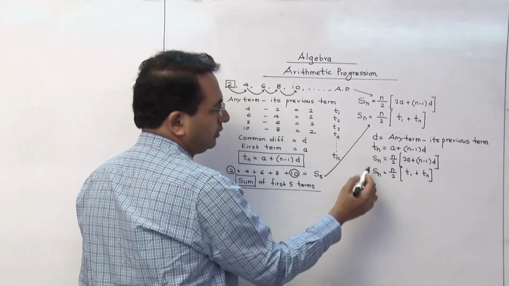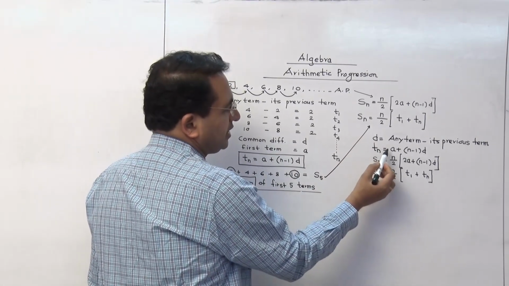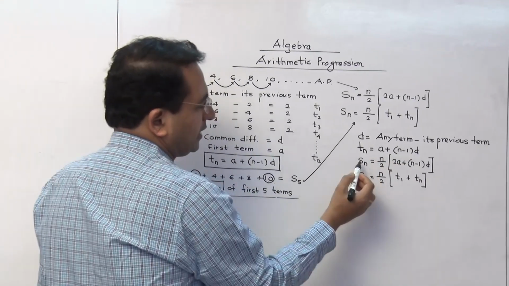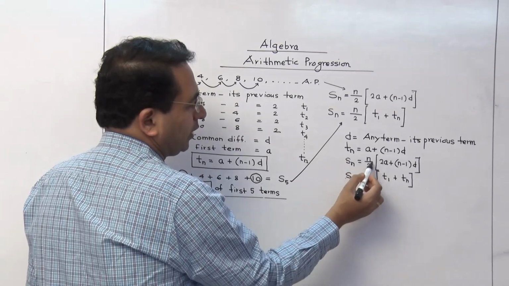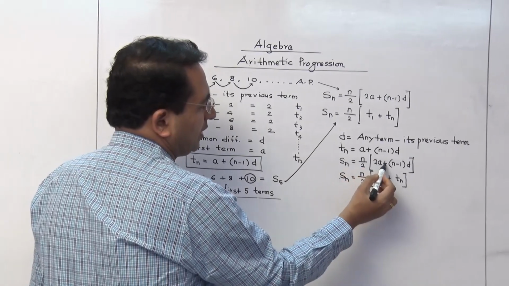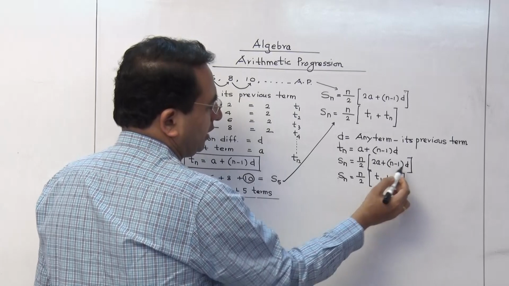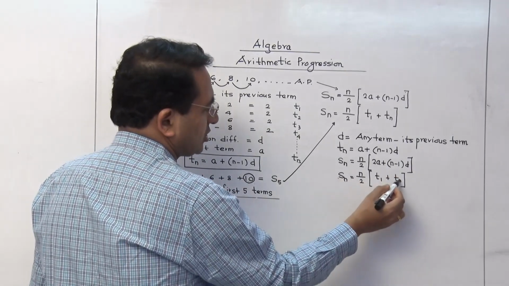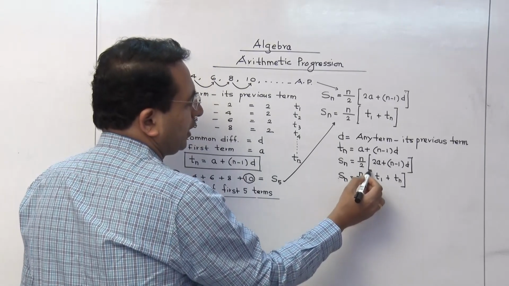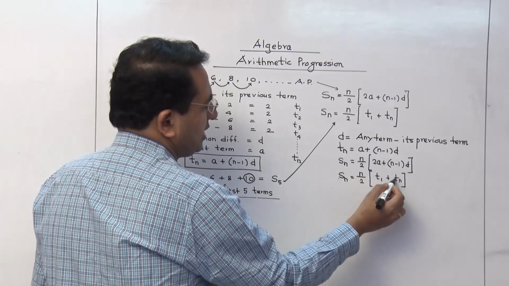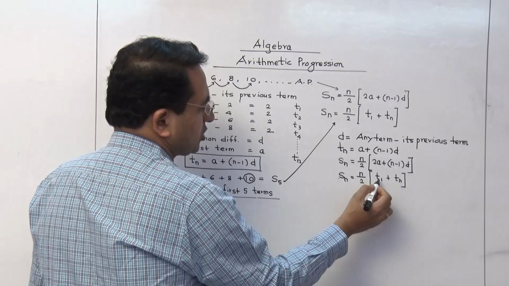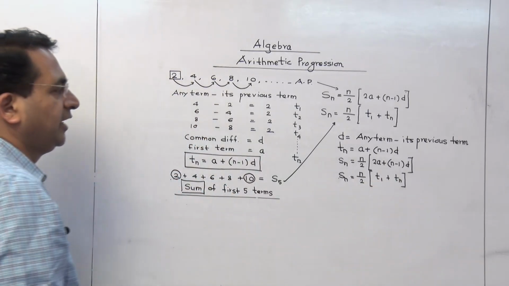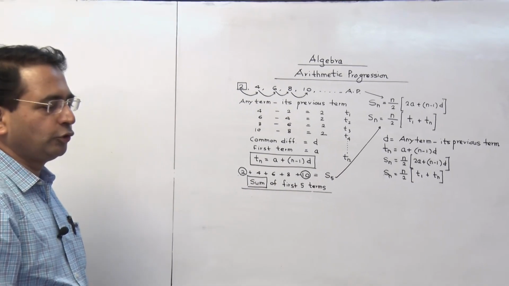Again, I repeat, Tn is a plus n minus 1 into d. Sn is n by 2 into bracket 2a plus n minus 1 into d, and there is a separate formula for Sn when you know the last term: n by 2 into bracket T1 plus Tn. T1 means first term of that AP and Tn means last term of that AP. Is that clear to you?